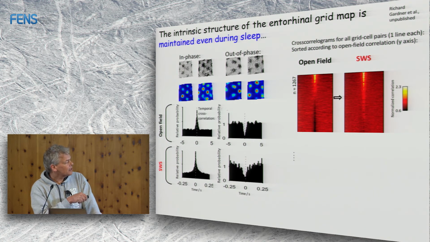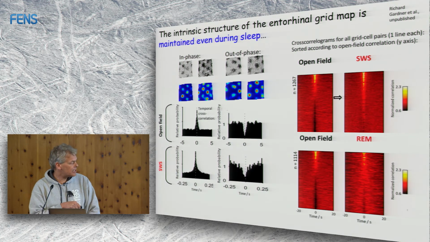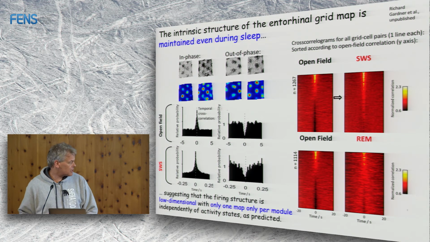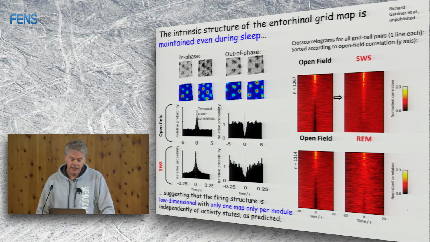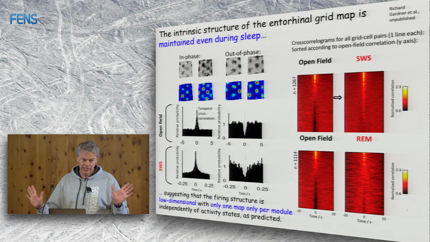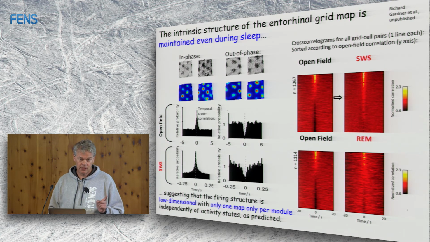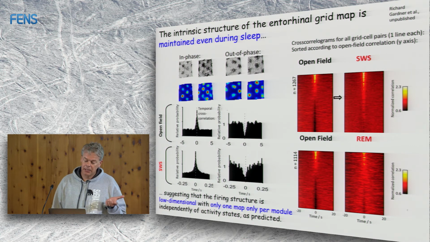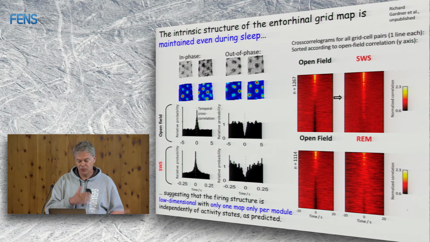At least those that are most correlated in the awake state are also most correlated in the sleep state. And same thing also in REM sleep, so that it seems like even in sleep, in all possible states, there is one correlation structure that seems to be expressed regardless of the state or behavior or condition.